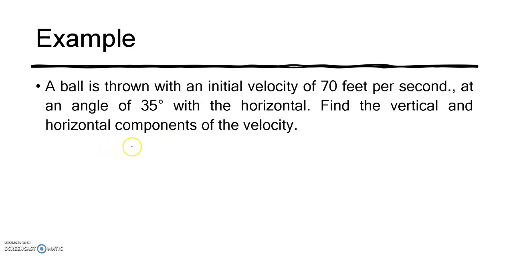Since it is given with a magnitude of 70 feet per second and a direction of 35 degrees along the horizontal, if this is your horizontal line x, and this is your y, I'm sorry for my penmanship, this is your theta with the horizontal at 35 degrees.